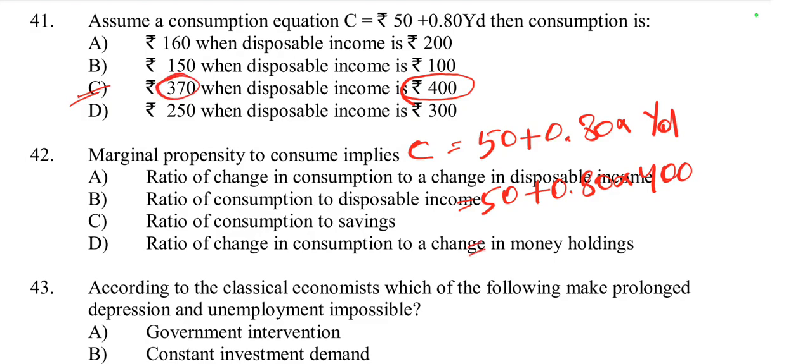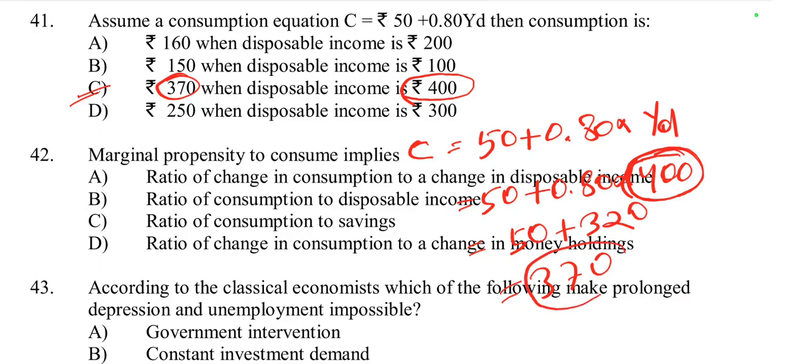So 50 plus 0.80 into 400: 0.80 into 400 is equal to 320, and 50 plus 320 is equal to 370. So when we put the value of YD as 400, then total consumption is 370. So the right option is option number C.